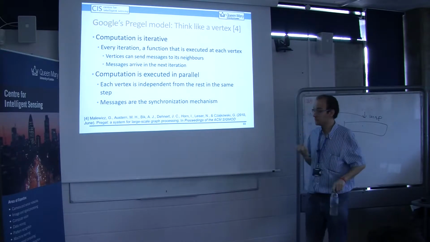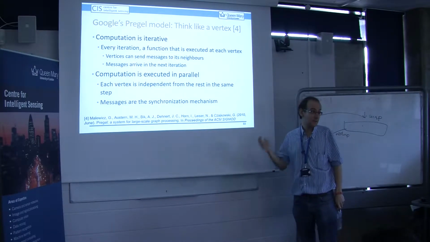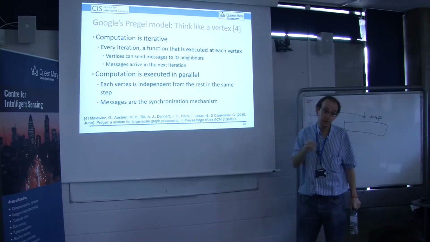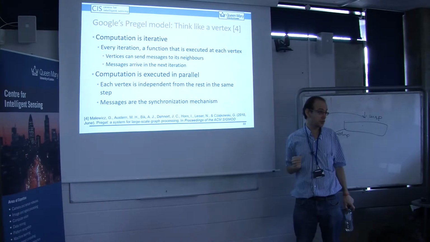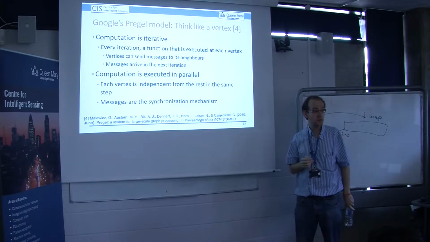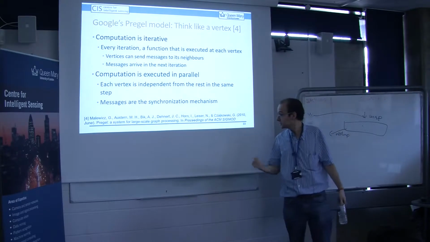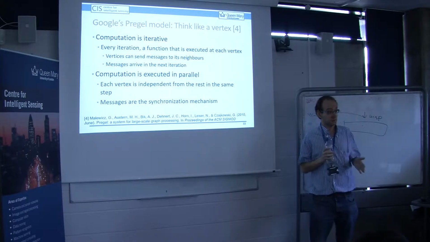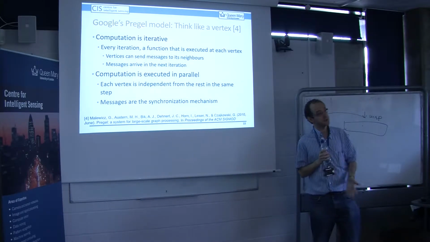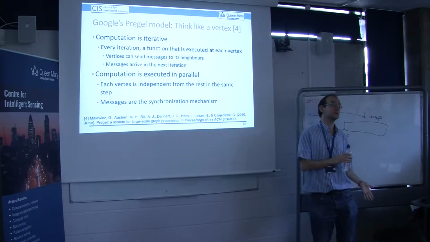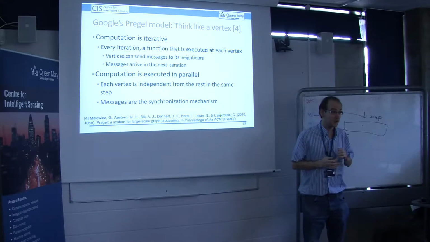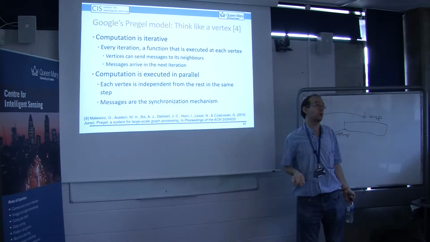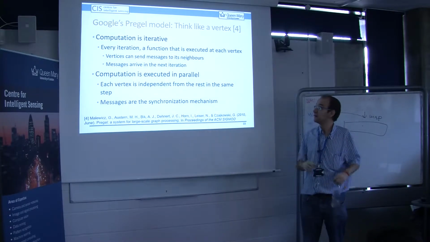One proof that that's likely to be the case is that 2 years after sharing what they did with MapReduce, and everyone in the world chasing and trying to do every type of algorithm with MapReduce, Google published another paper at SIGMOD in 2010 saying, well, you have seen MapReduce, but obviously MapReduce sucks for graph processing. It's extremely inefficient there. So if you want to do large-scale graph processing, and we invented PageRank, so we need to compute PageRank over the whole internet, this is the way that we have found for that.